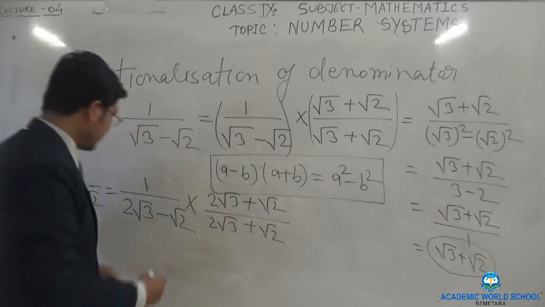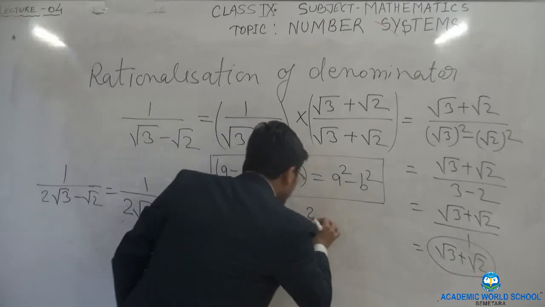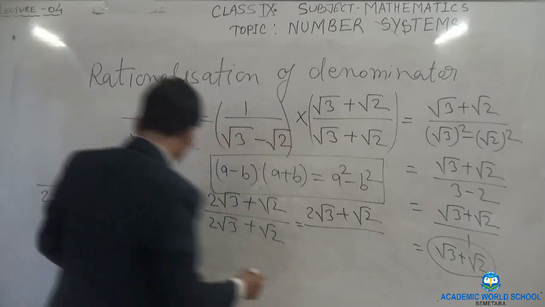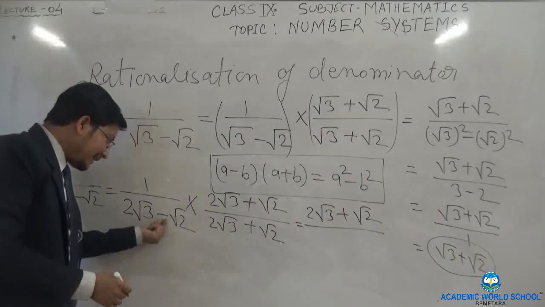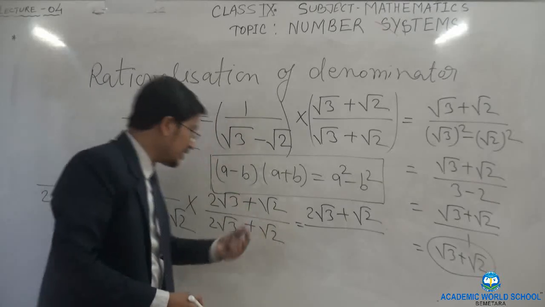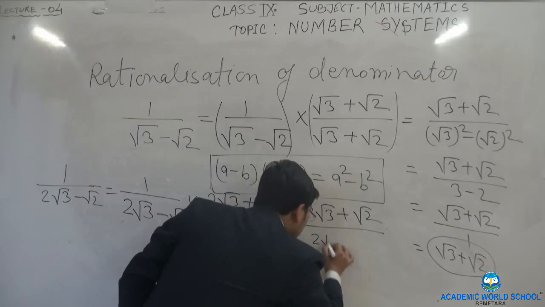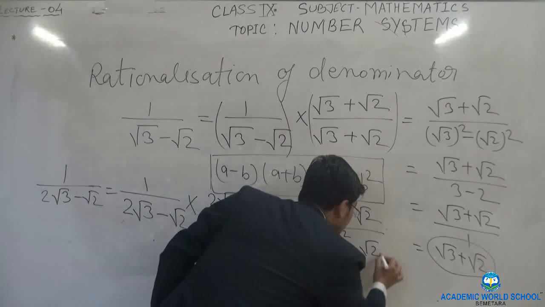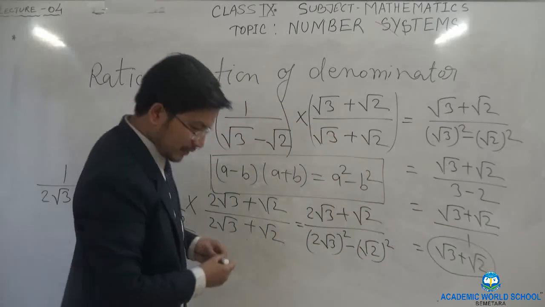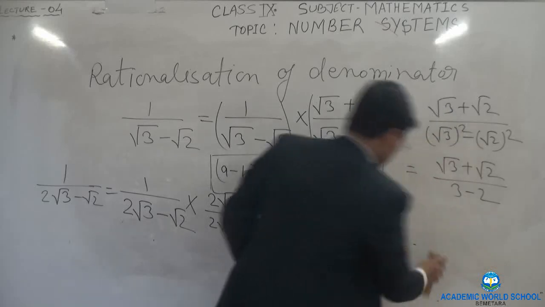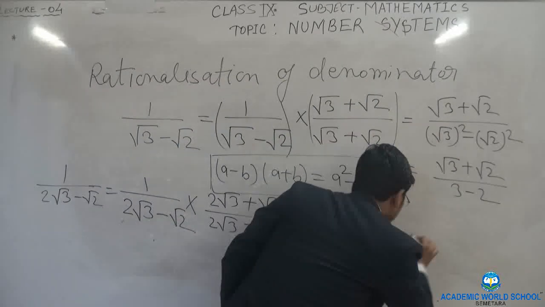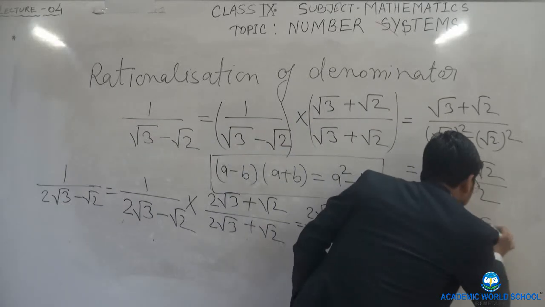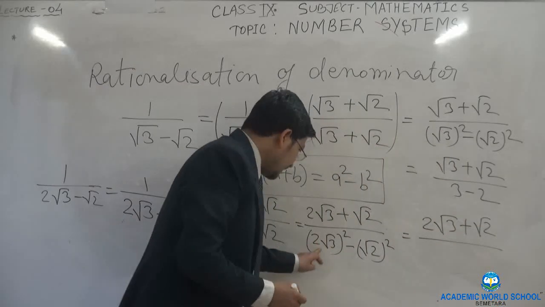After rationalizing, I will get 2 root 3 plus root 2 upon, this is the same a minus b, a plus b form, so this will be a square minus b square, that means 2 root 3 square minus root 2 square.